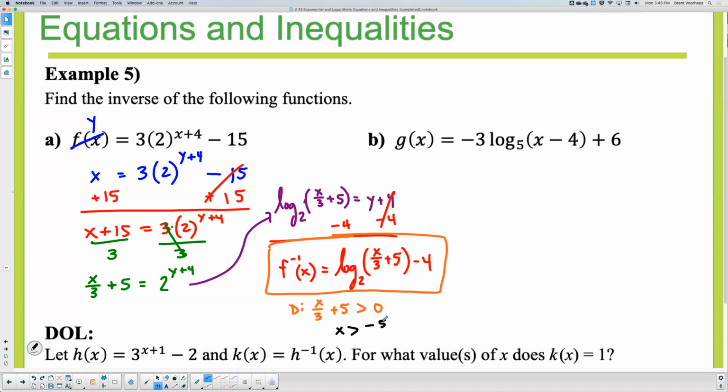So I subtract 5, multiply by 3, and I'm getting negative 15 there. And so x has got to be greater than negative 15. That would be your domain as well.